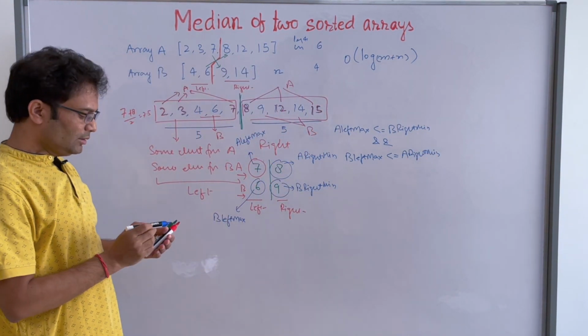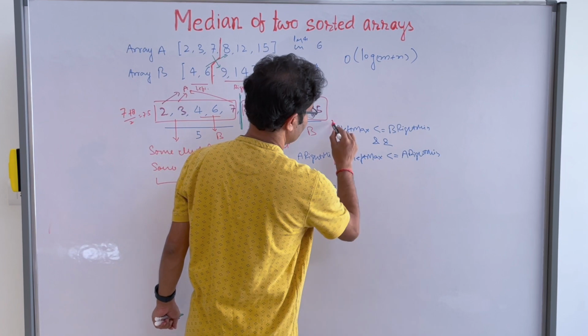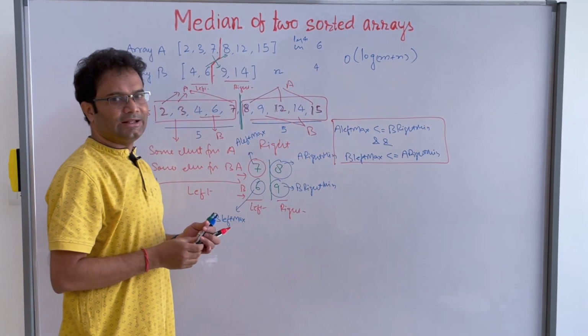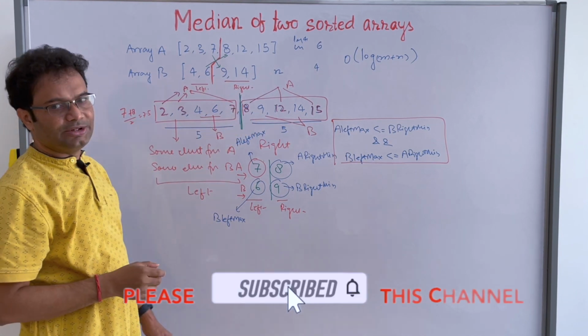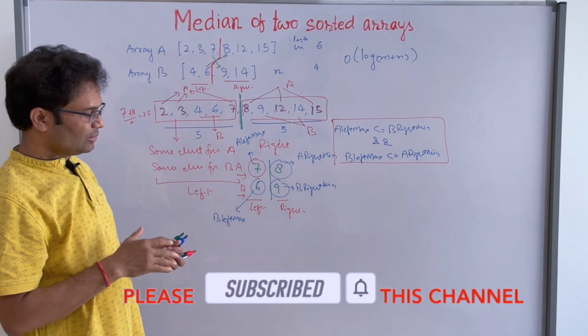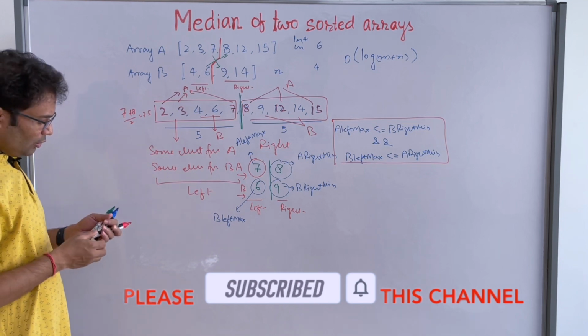The moment you find this, then you have this kind of array, and then you can immediately find out what your dimensions are. Okay, this is the background. Let me show how we can do that.